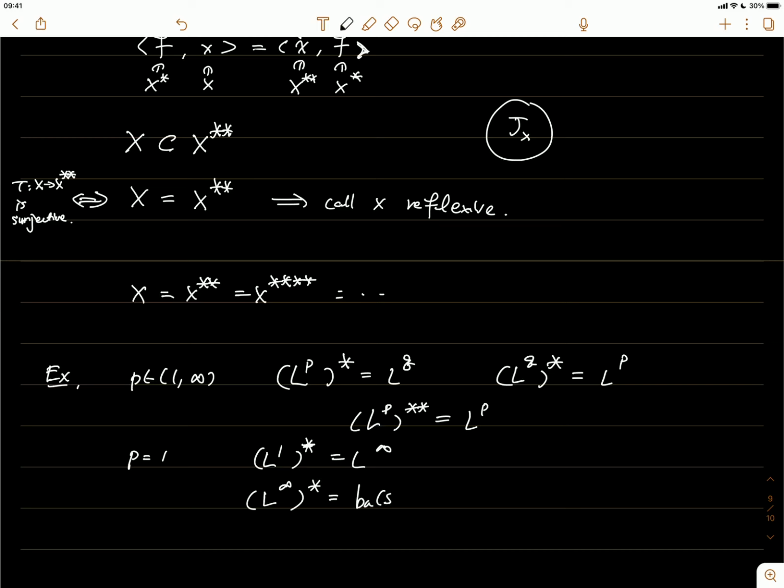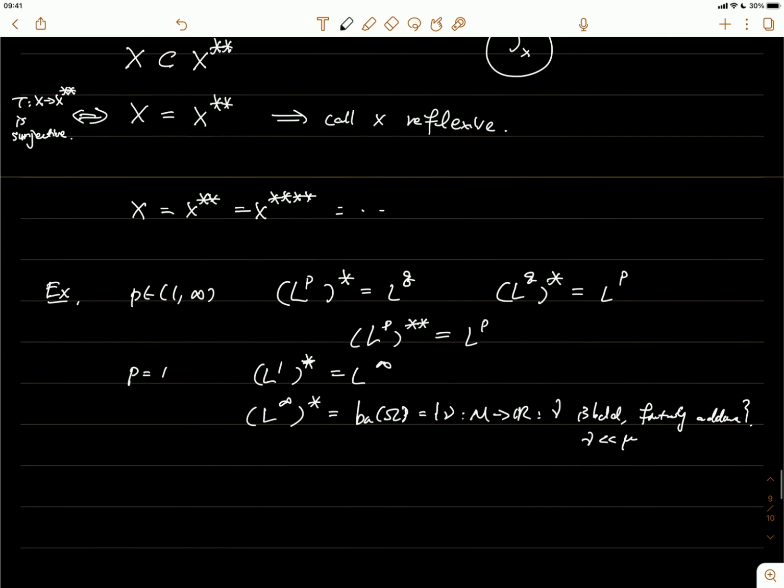We call this the set of measures nu such that nu is bounded, finitely additive, and also absolutely continuous with respect to mu. So I will not expand on this anymore, but the idea is that for P strictly greater than 1, we have a reflexive space. If P is equal to 1 or P is equal to infinity, then that's not.